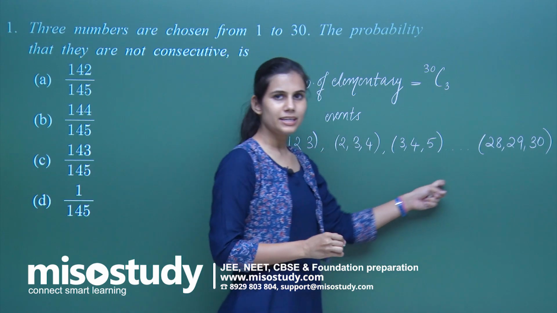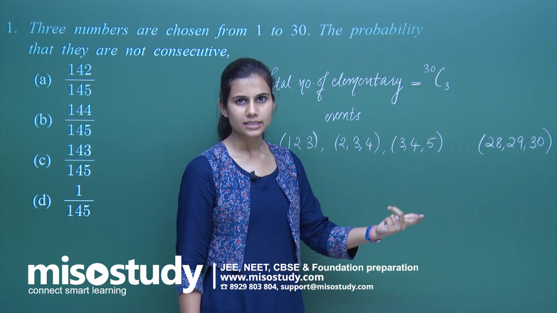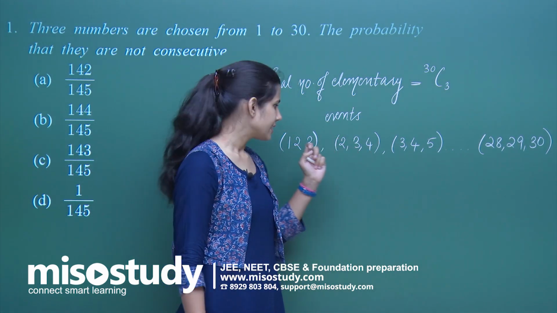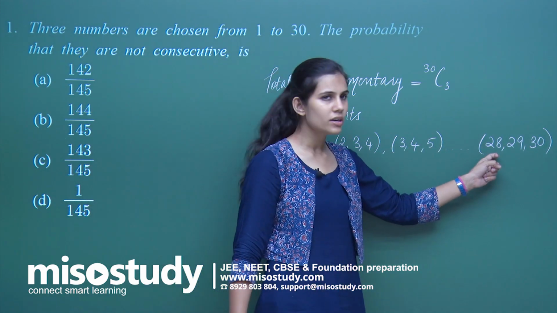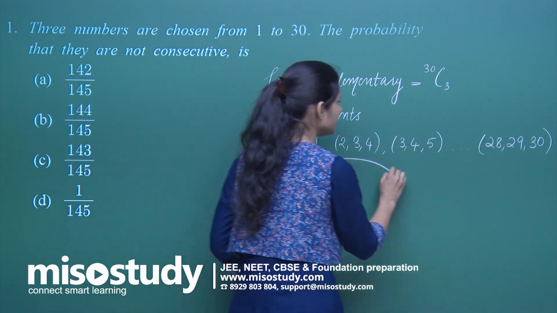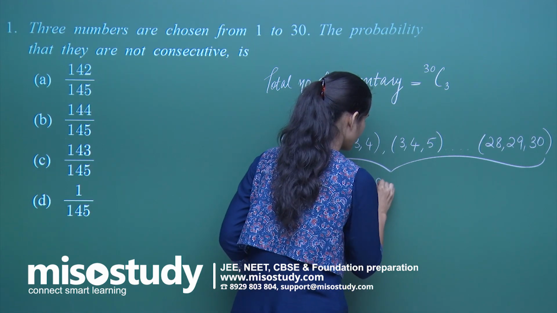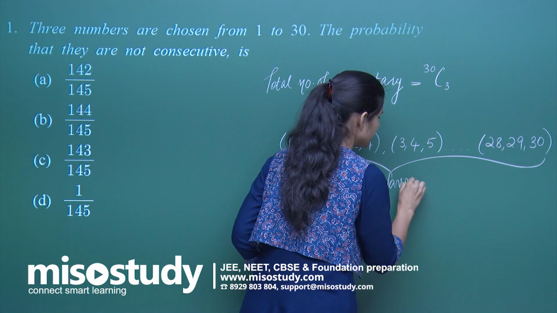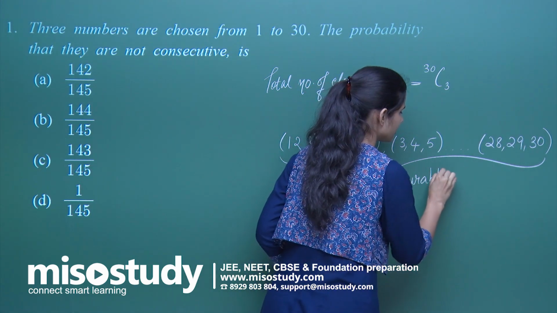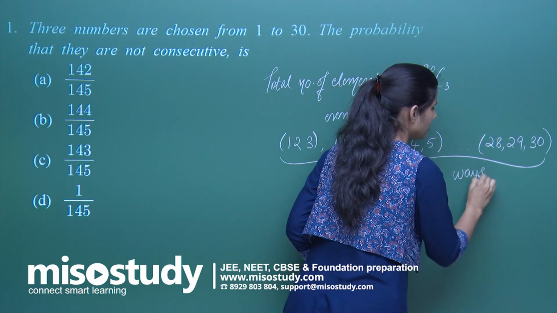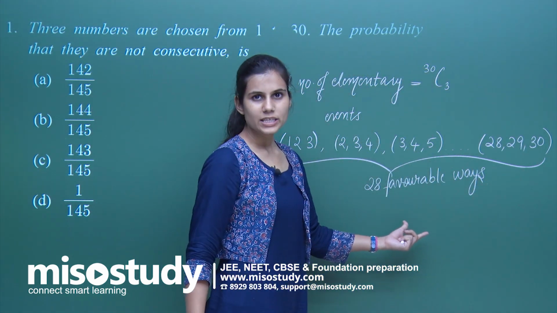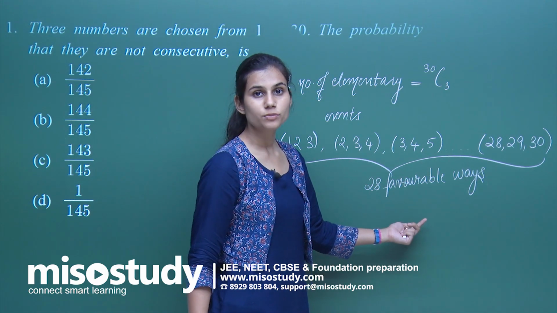These are all the possibilities in which 3 numbers chosen can be consecutive. Nothing more than that. It can start with 1 or 2, 3 and so on till 28. So basically there are 28 favorable ways out of 30C3 total ways.